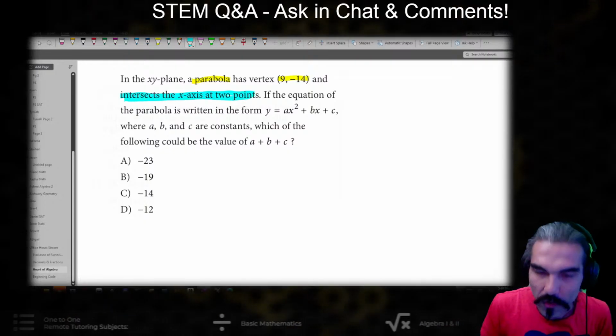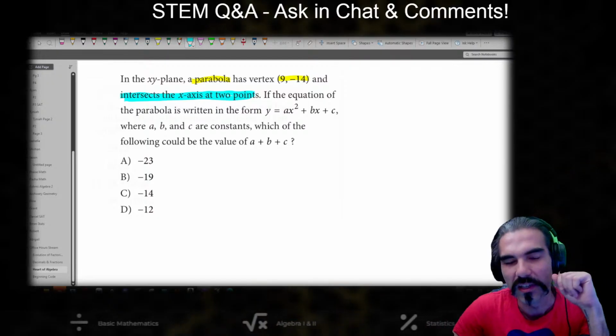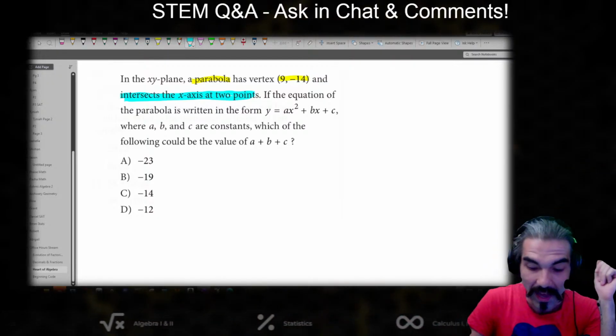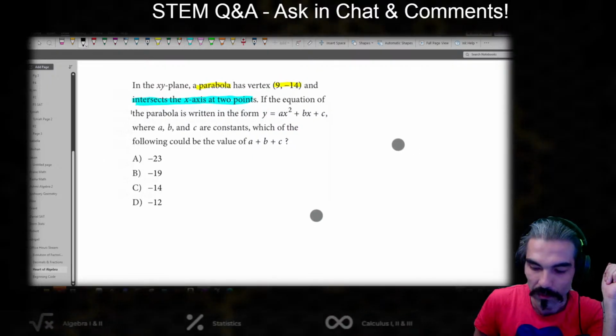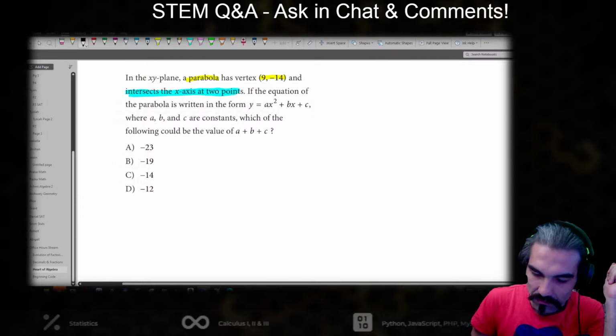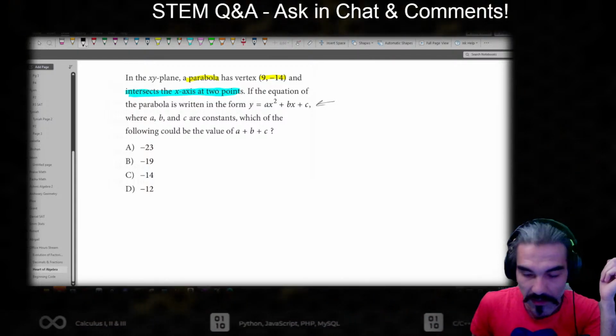Intercepts at 2 points. There's a particular case that we have to remember about intercepts of a parabola, and it has to do with the quadratic formula. They already gave us the first equation, ax squared plus bx plus c.